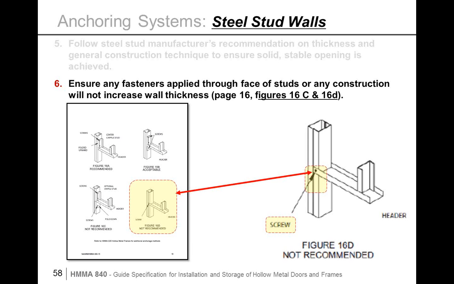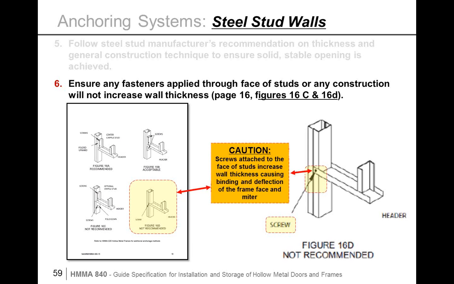So when you're inspecting a steel stud job, it's critical to make sure that the studs are not assembled with any type of face screws in the door opening or the frame opening area. Now, that's a major caution area because it does show up in back charges with all manufacturers, where at the job site they have to go back and really look at how the wall is constructed.